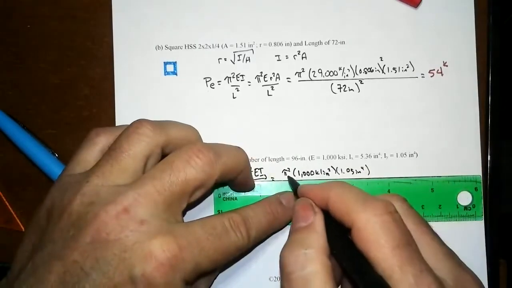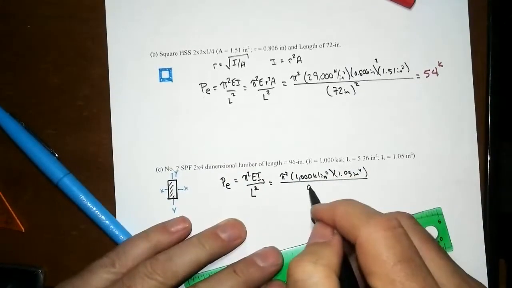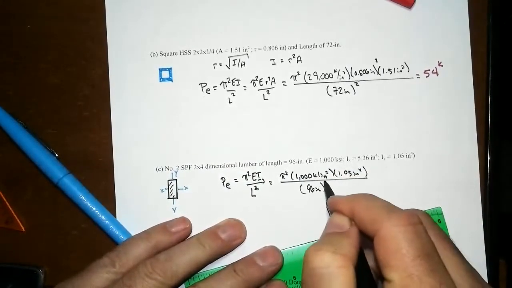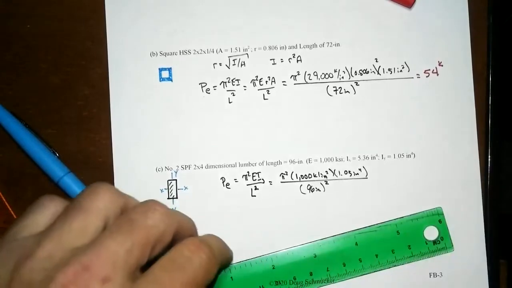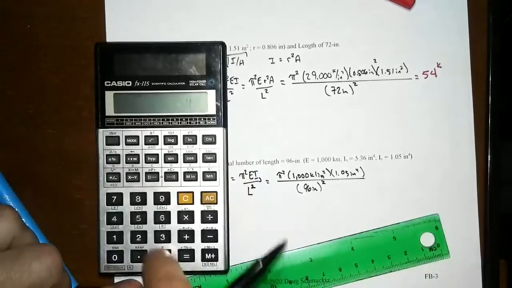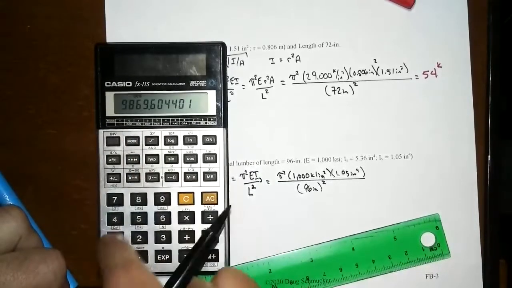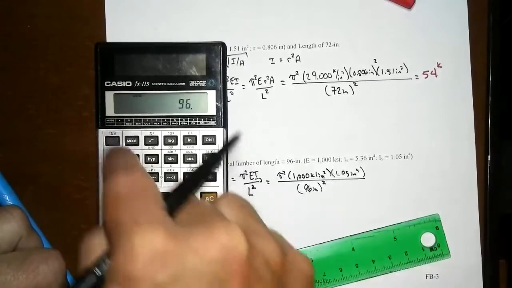It's going to buckle about the one that has the lowest. And our length is 96 inches. Again, keep track of all those units. Those length units need to all be the same. So pi squared times 1,000 times 1.05 divided by 96 squared.